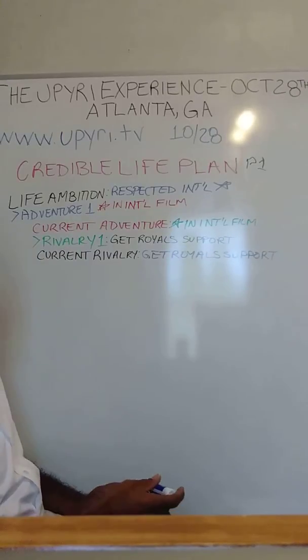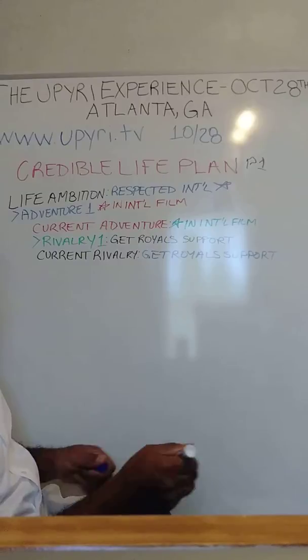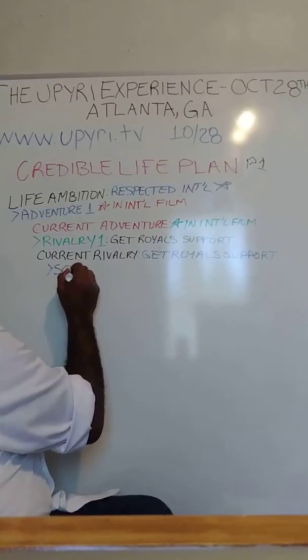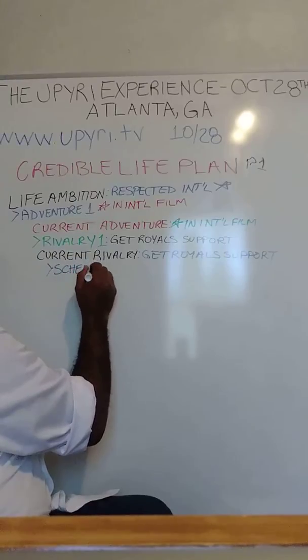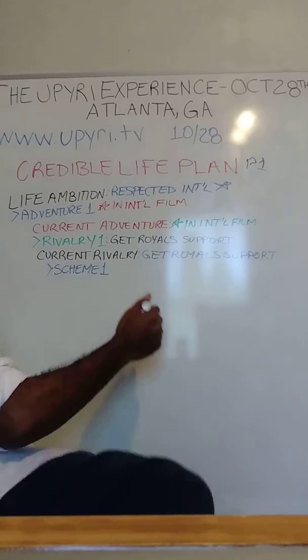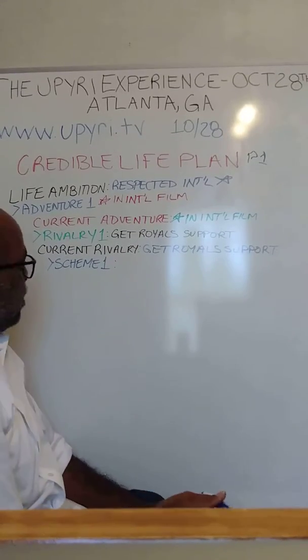Okay. So now what do we have? What's the next story unit? The next story unit is scheme. Scheme 1, 2, 3, 4. Same idea holds.